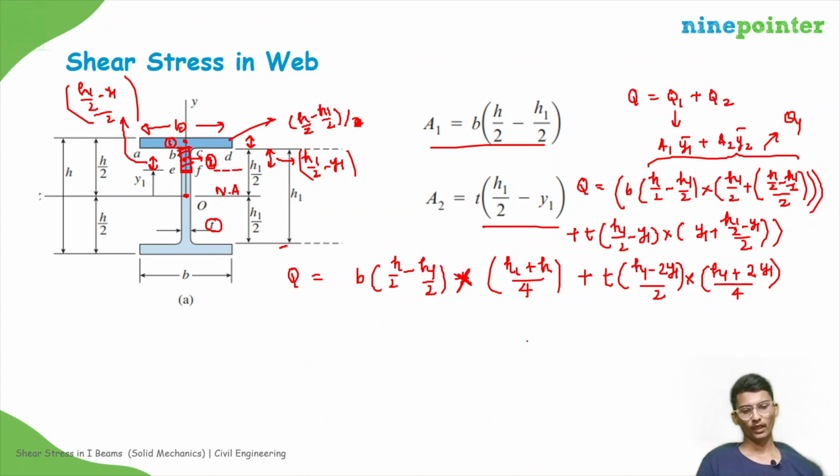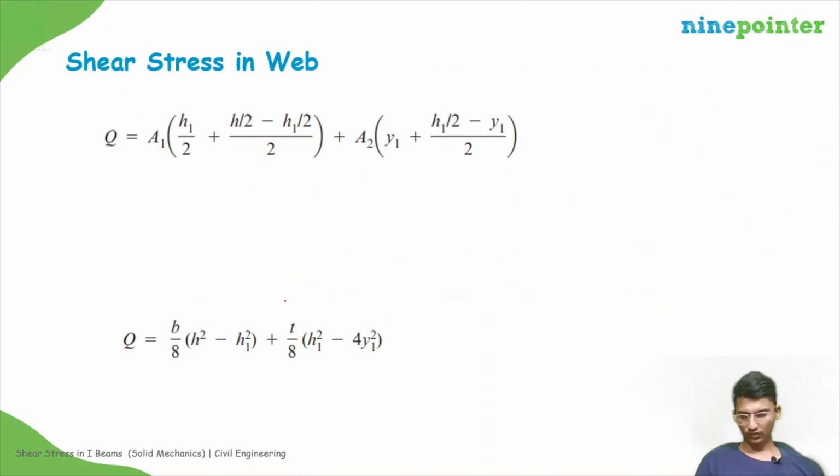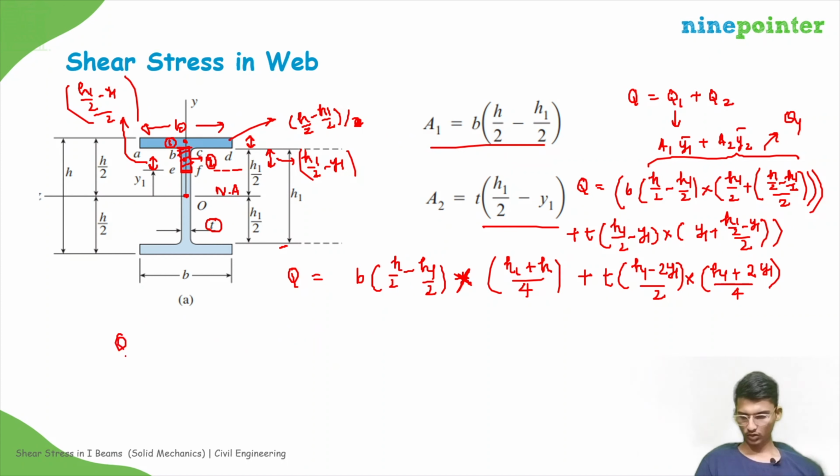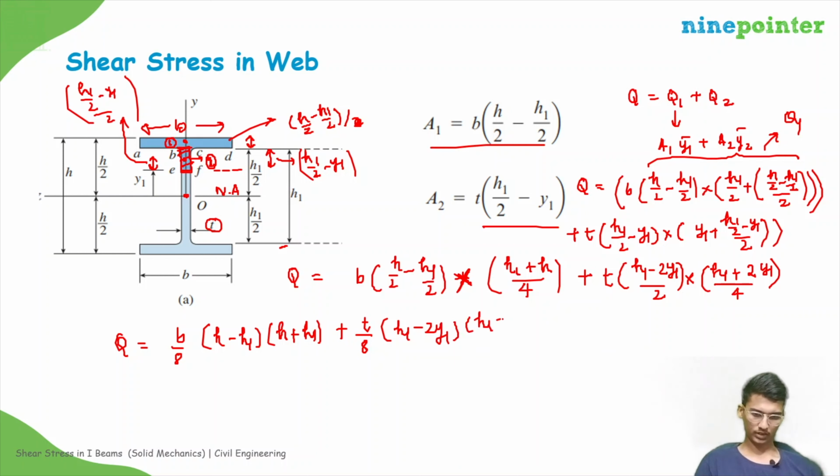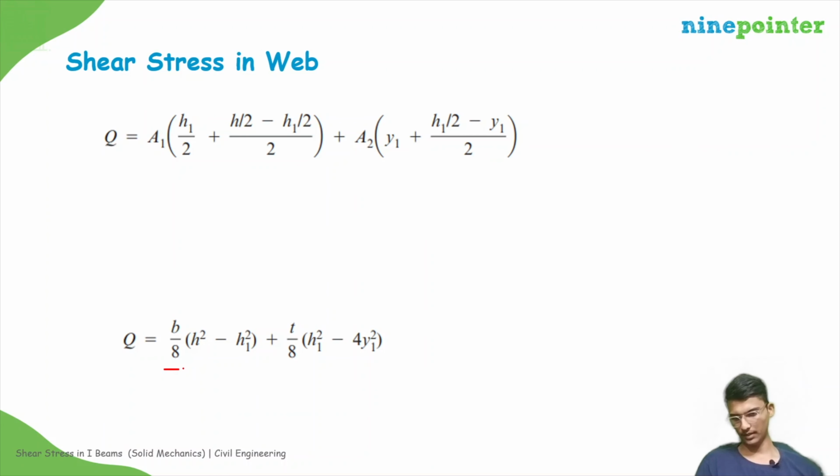Okay. So if we calculate this one, Q is equal to B divided by 8 into (H minus H1) into (H plus H1), right? Plus T divided by 8 into (H1 minus 2Y1) into (H1 plus 2Y1). So that we can write as B by 8 into (H square minus H1 square) plus T by 8 into (H1 square minus 4Y1 square).